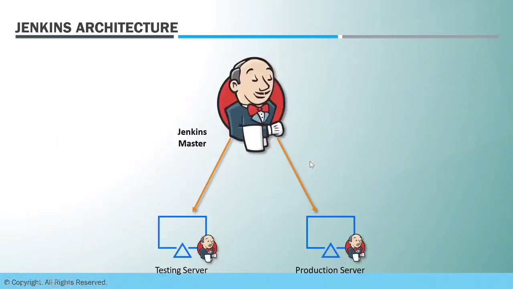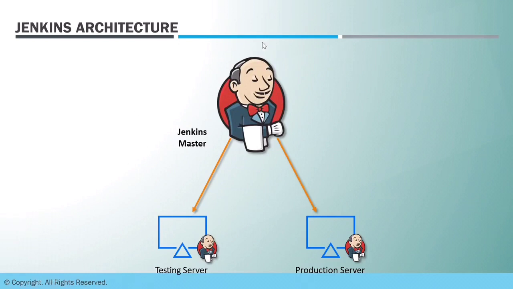Okay, so typically Jenkins works in master slave architecture. You have a master, the same that we configured and installed Jenkins on in our previous session, and that master connects and controls, or we can say manages, all the connecting nodes. Those nodes are called slaves for Jenkins.